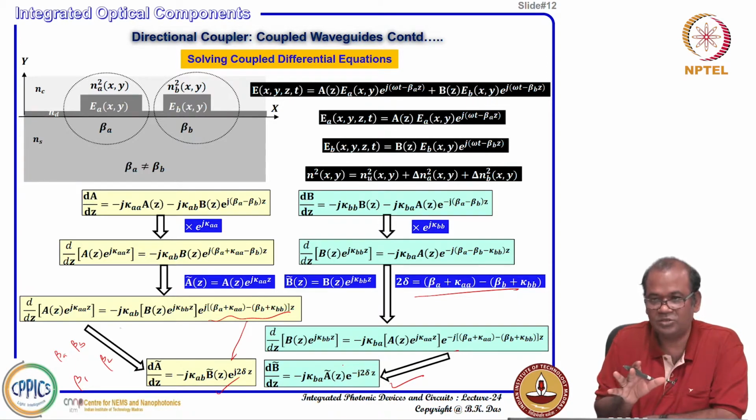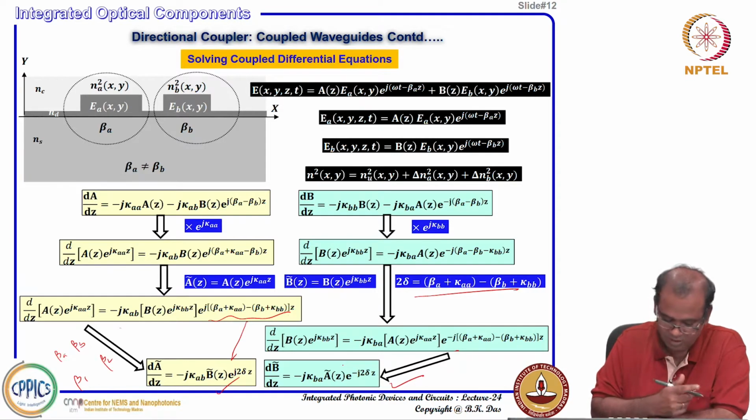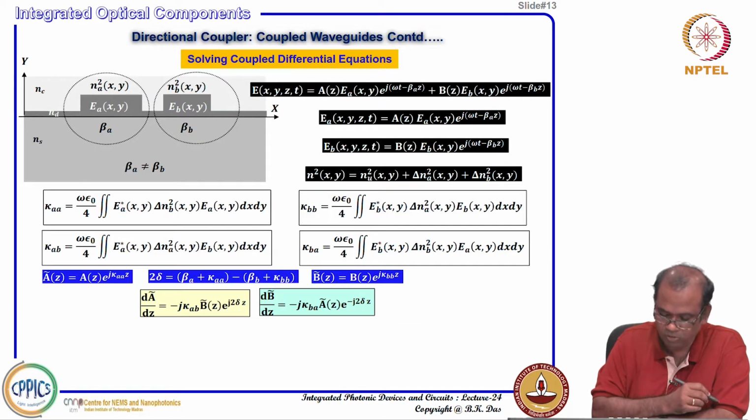So, so far we have shown that this coupled differential equation between two waveguide modes is almost identical with the coupled differential equation between two modes in a single perturbed waveguide. Okay. So, now we will be moving to solutions.